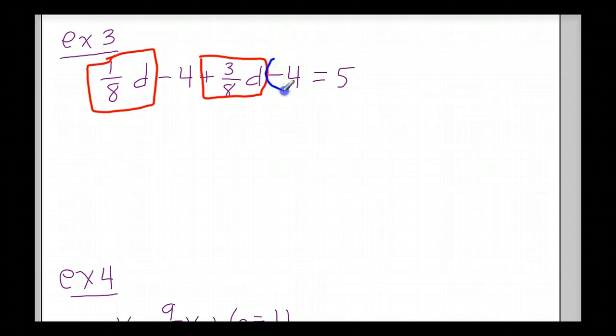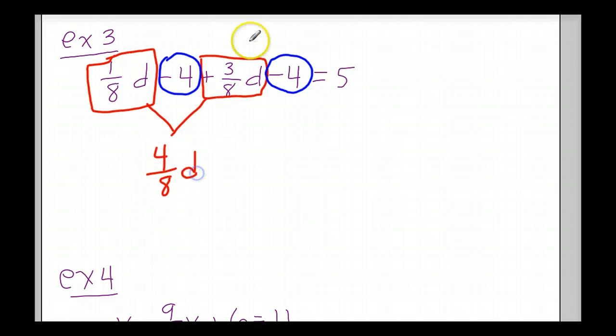We're going to circle our negative 4 here and our negative 4 here. So this time we have to combine twice, not just once. So what is 1/8 d plus 3/8 d? Well, that's going to give us 4/8 d. And what is negative 4 minus 4? That's going to give us a negative 8.